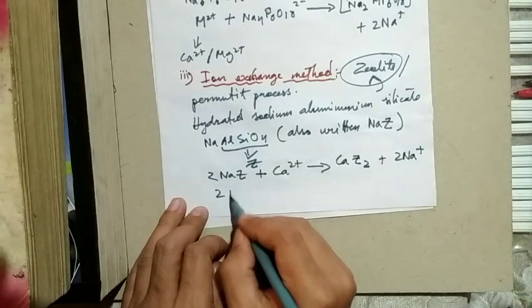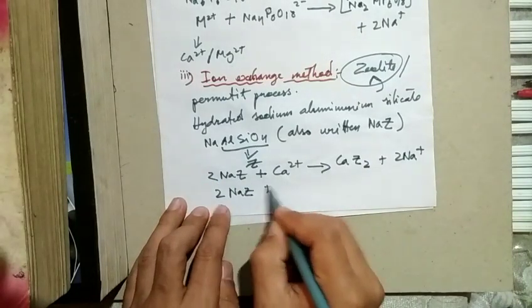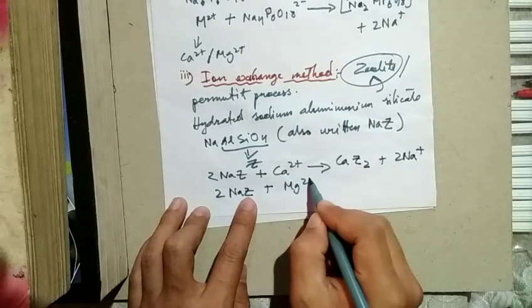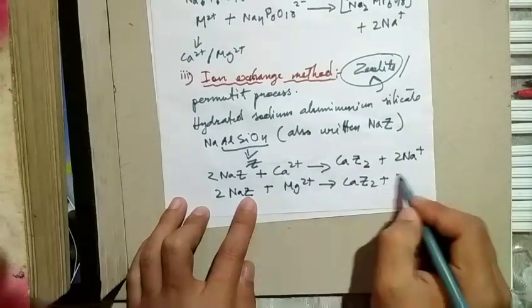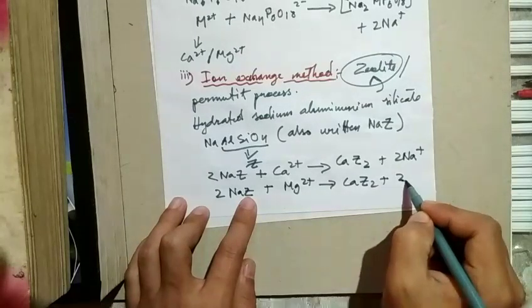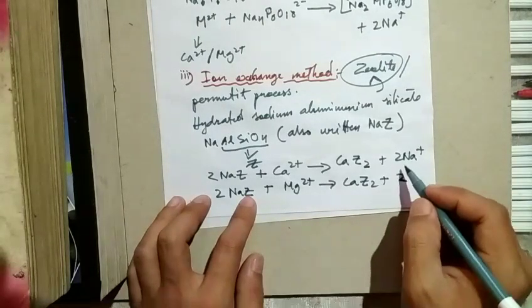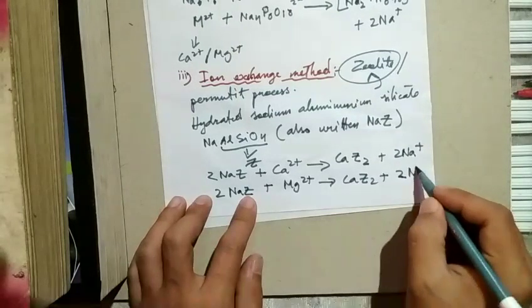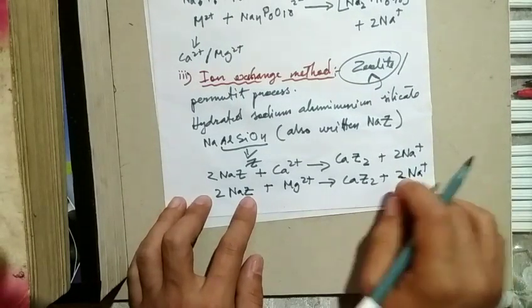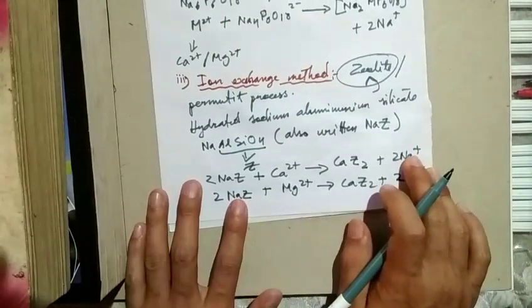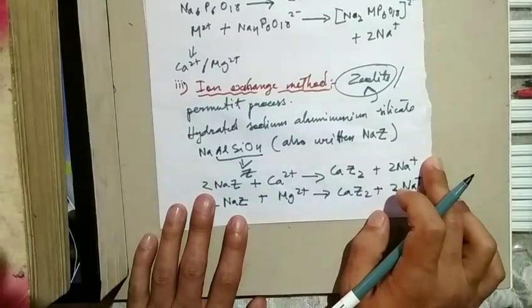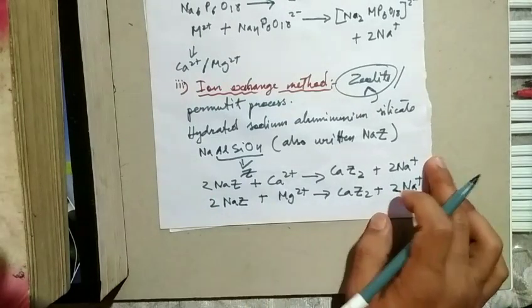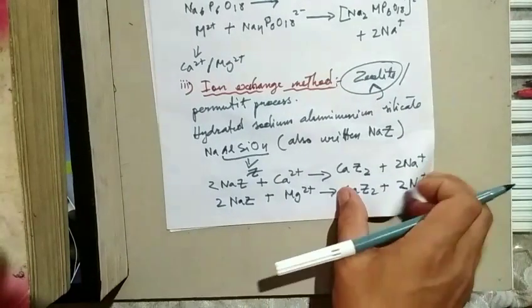The same way, 2NaZ plus Mg2 plus gives MgZ2 plus 2Na plus. This precipitate we can remove, and as a result we can get the soft water.